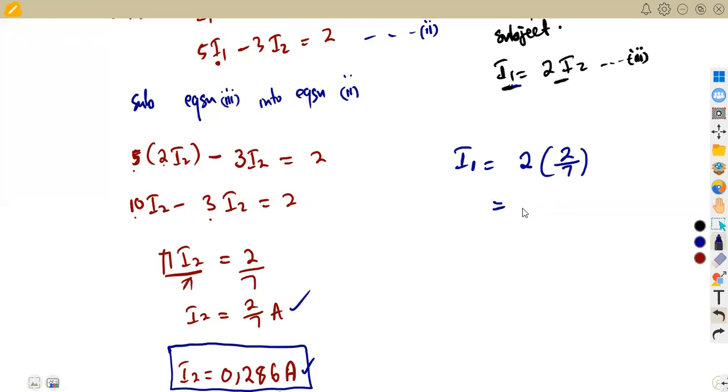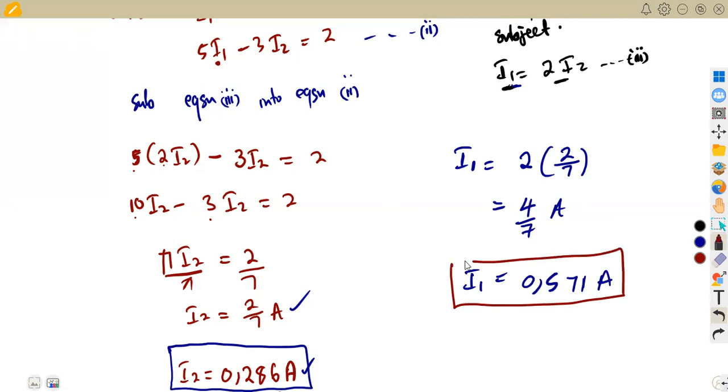If we multiply this, we are going to obtain 4 over 7 amps. But if you want to have it as a decimal, it is 0.7142 and so on, so it's 0.571. That is going to be our current I1 in amps. So that is how we could have calculated our currents in this case.